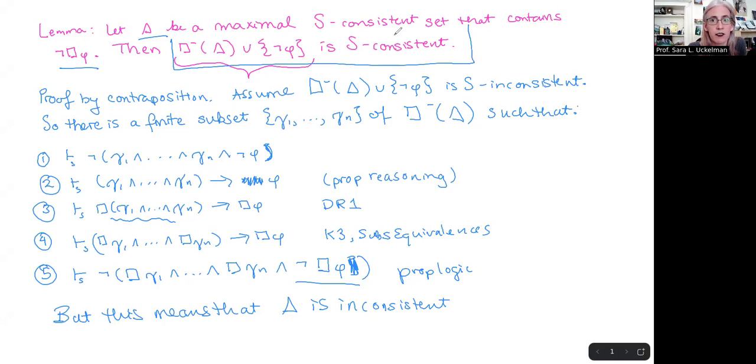I then said I would tell you how this actually gets the result that we want. Well, because this is S consistent, remember Lindenbaum's lemma, every consistent set can be extended to a maximal consistent one.